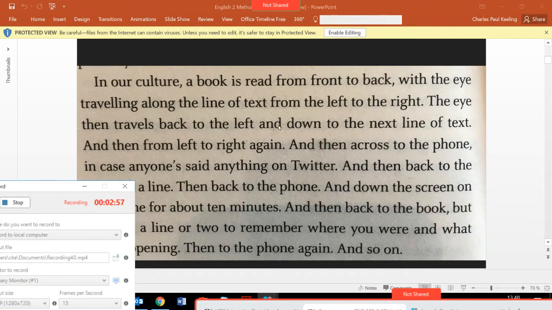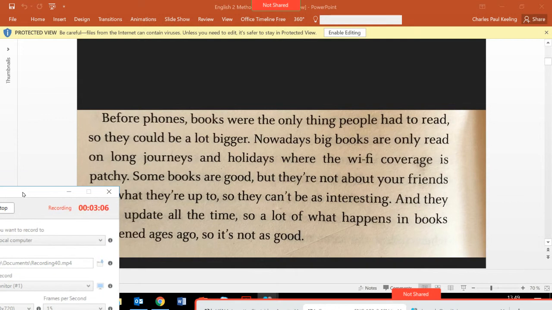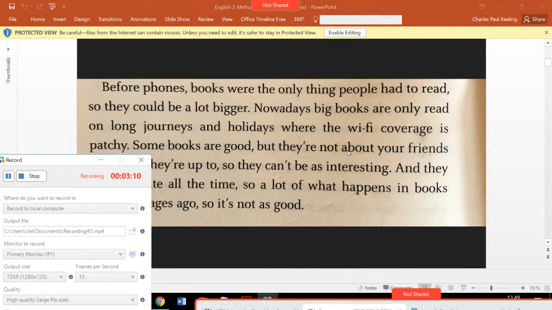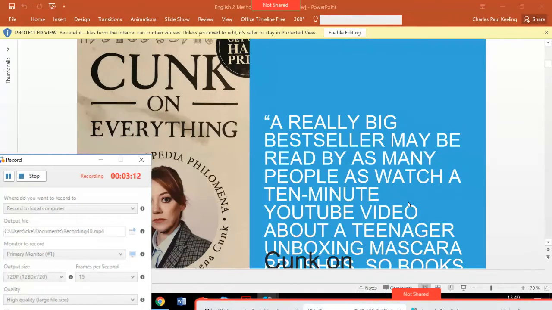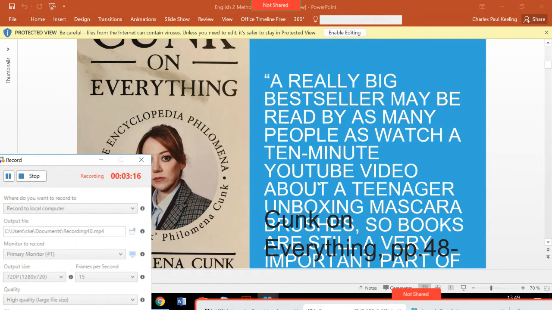There's a lot of competition for time reading, and lots of readers are not used to sitting down and reading large books, as you can see there from Cunk on Britain, that I used to try and illustrate this point. We have, for example, Cunk's point there as well. Really, it's the voice of Charlie Brooker.